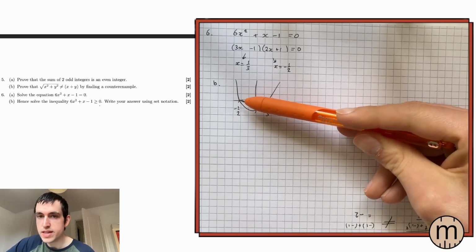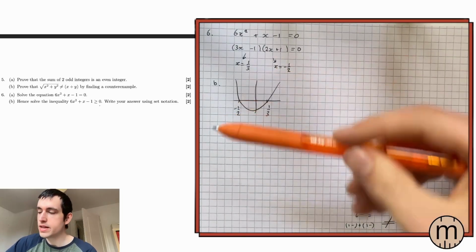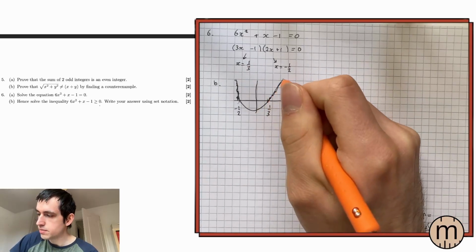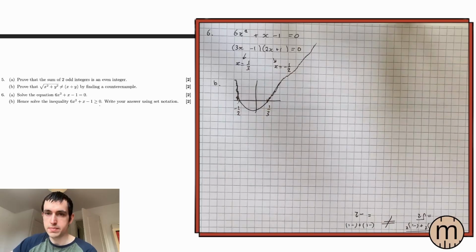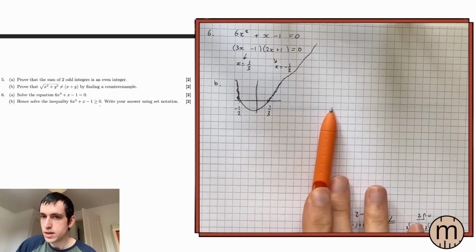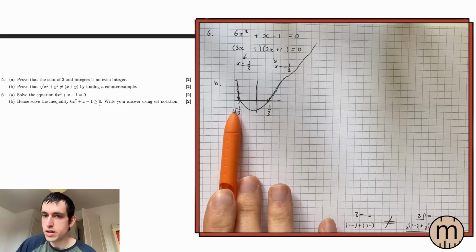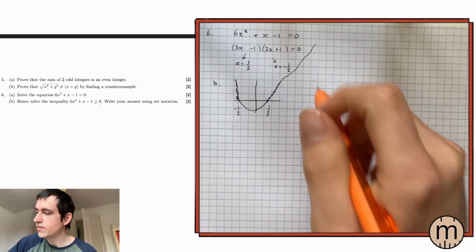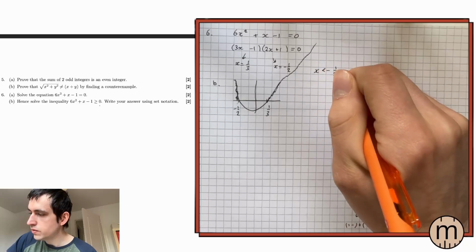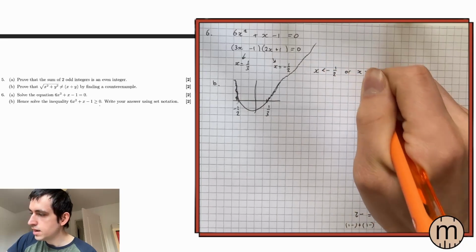It's when the curve is above the x-axis. So it's here and here, all the way up there. So what are the values for x? Well, it's 1/3 and all the way to the right, and it's minus 1/2 and all the way to the left. So we have x is less than minus 1/2, or x is bigger than a third.